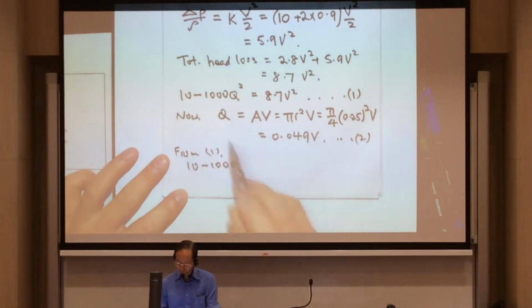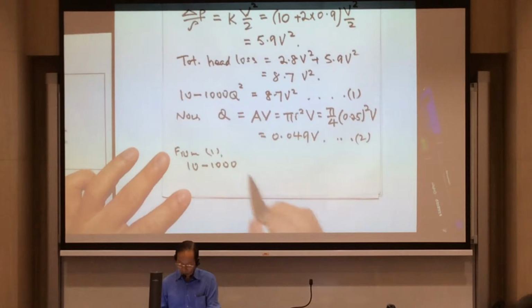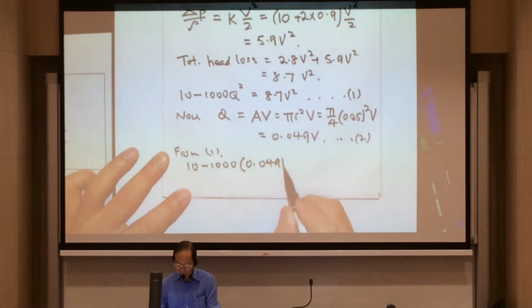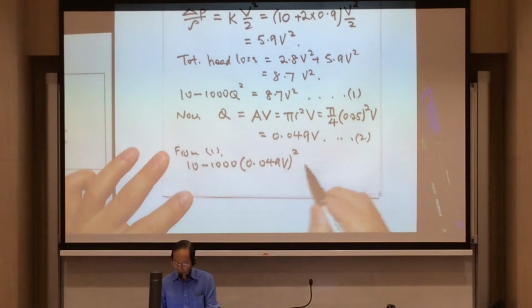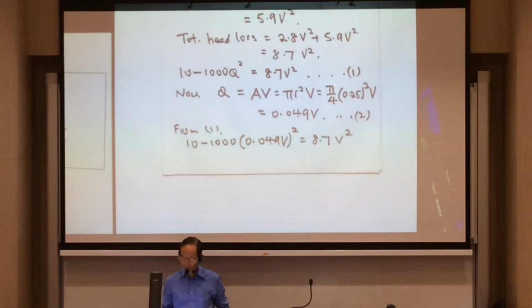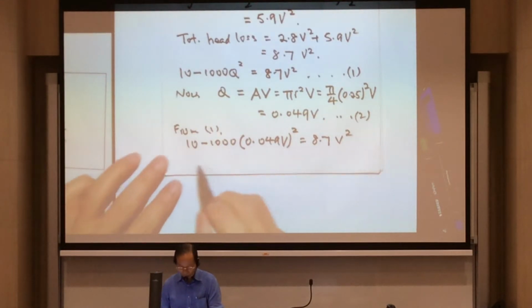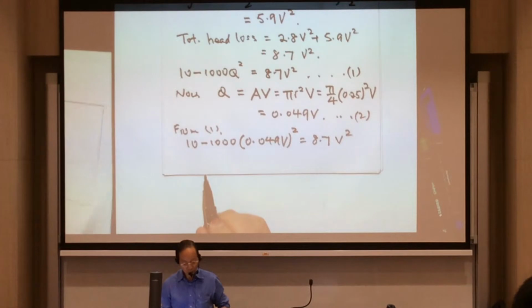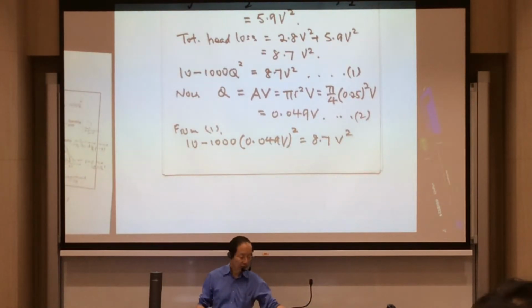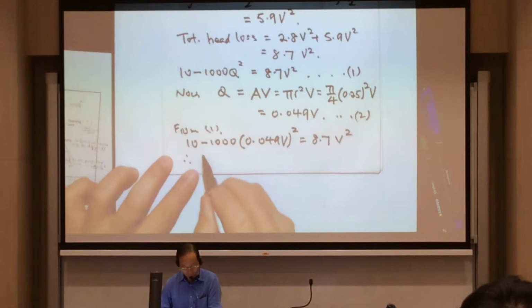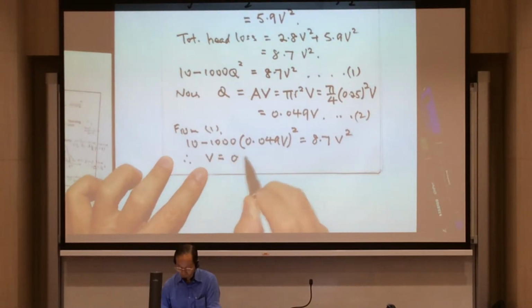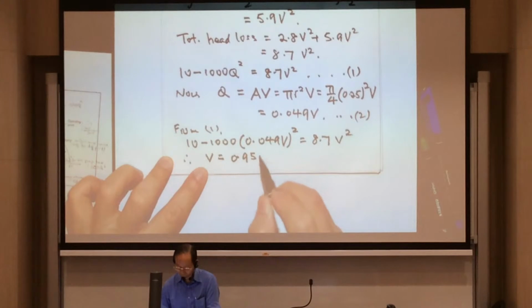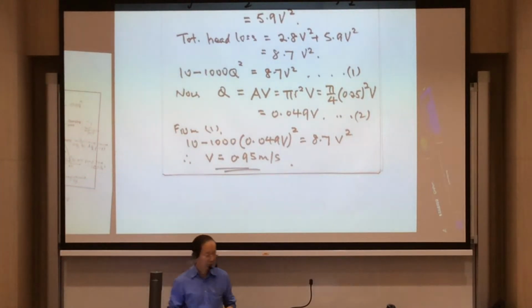From equation 2, Q is 0.049 V. So we replace this Q with 0.049 V, squared there, equals 8.7 V squared. Now we use only one variable. So therefore, we can solve. So therefore, Q is equal to 0.95 liter per second. That's the first answer.